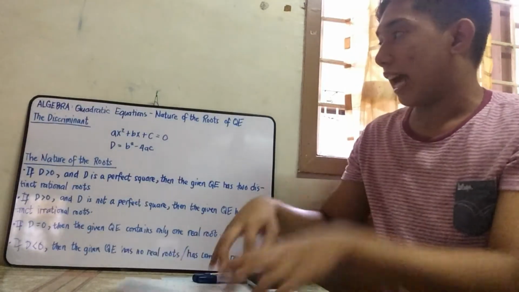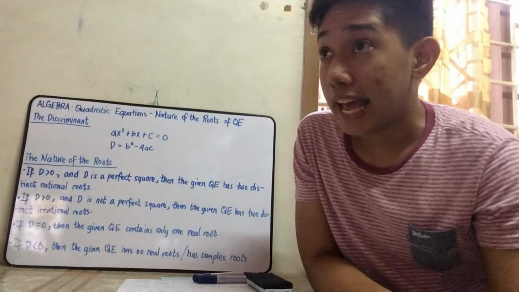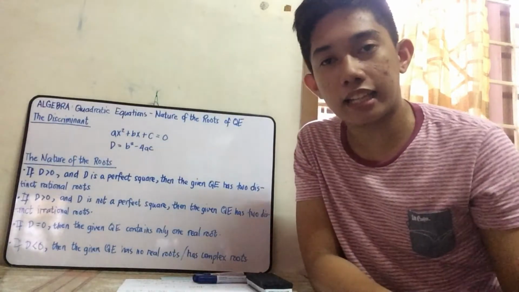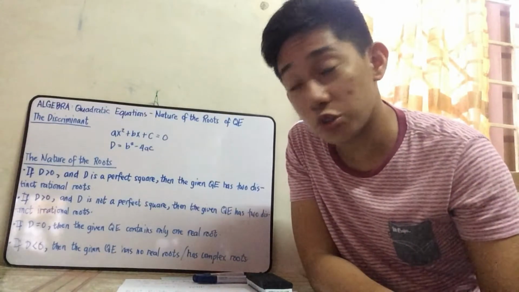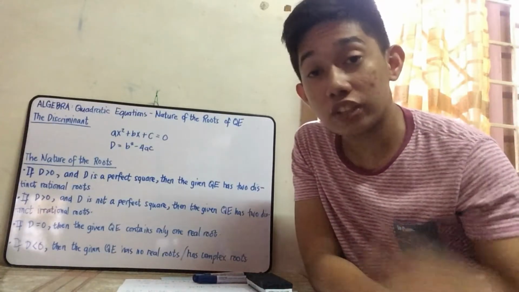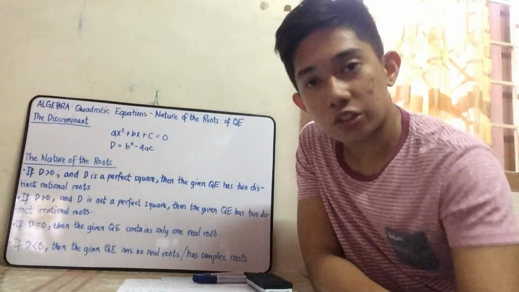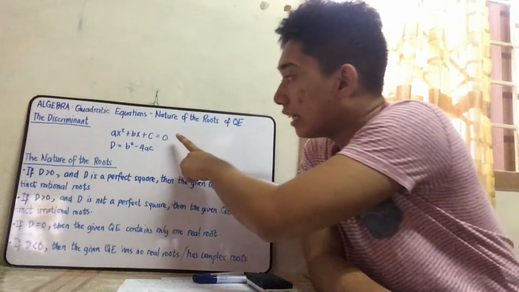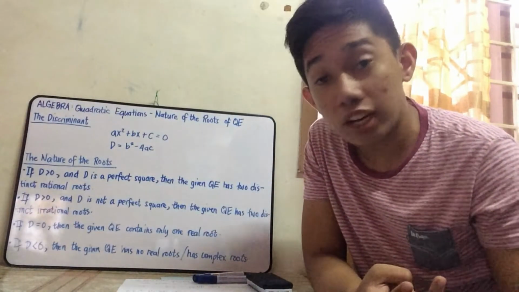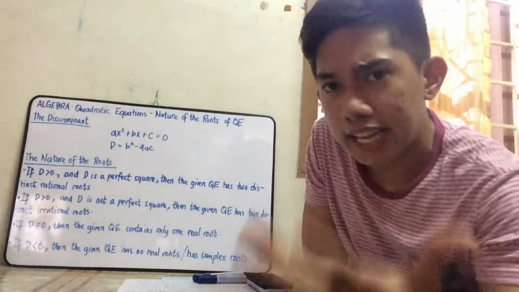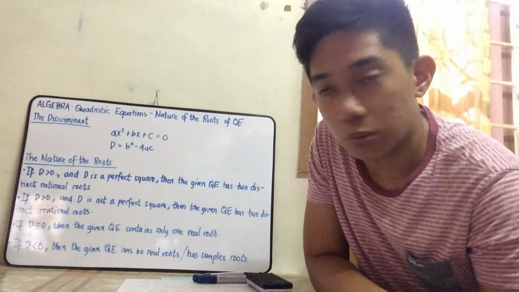So ngayon, ang topic natin is all about the nature of the roots of the quadratic equation, and siyempre, kailangan natin ang discriminants para malaman natin kung ano yung nature of the roots ng isang quadratic equation. Na-discuss ko na sa previous videos na ang ating quadratic equation is in the form of ax squared plus bx plus c, where a, b, and c are real numbers, pero si a hindi pwede maging zero.